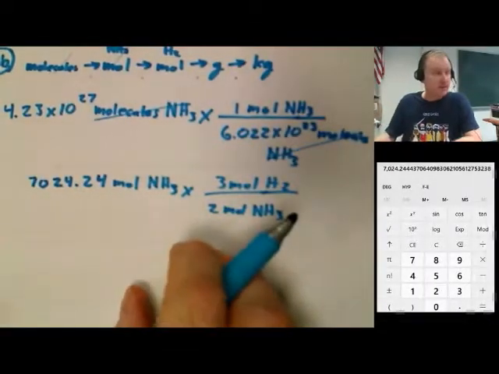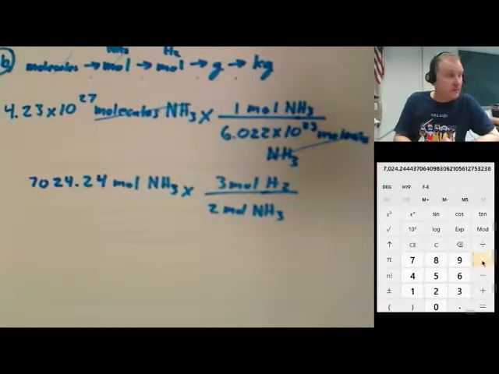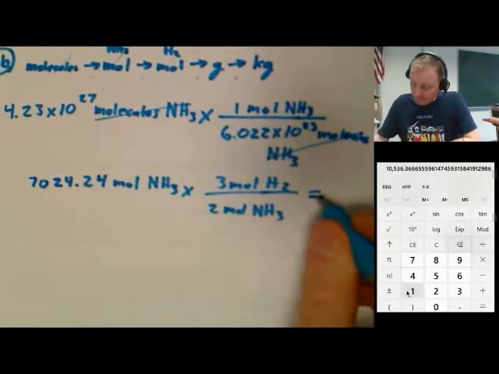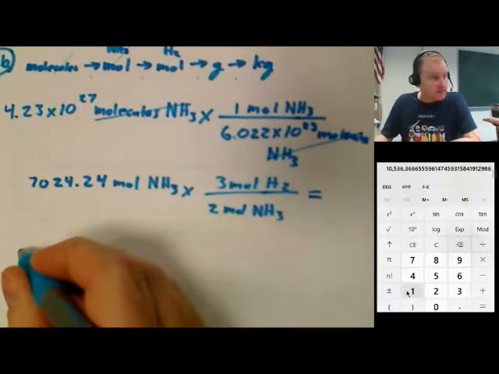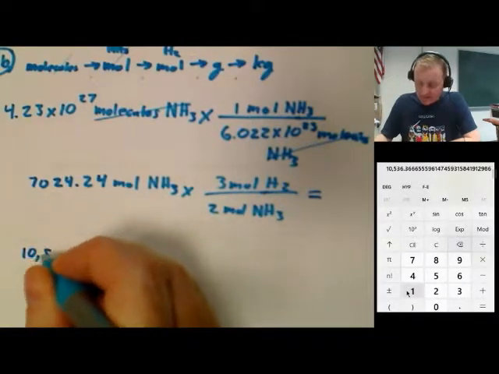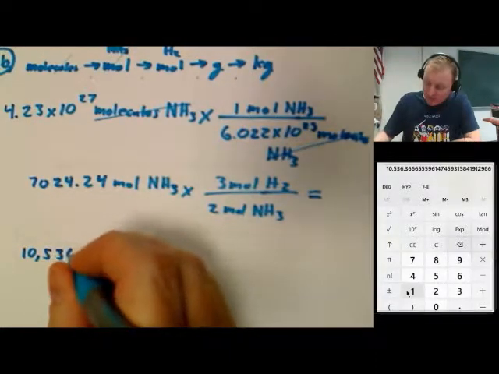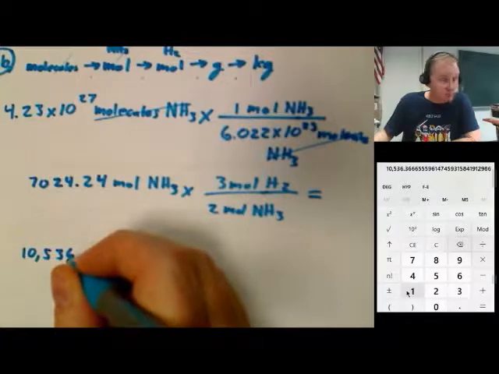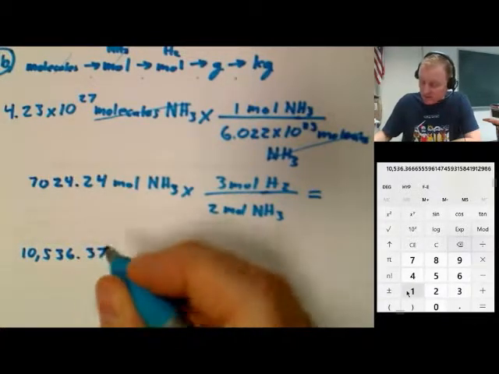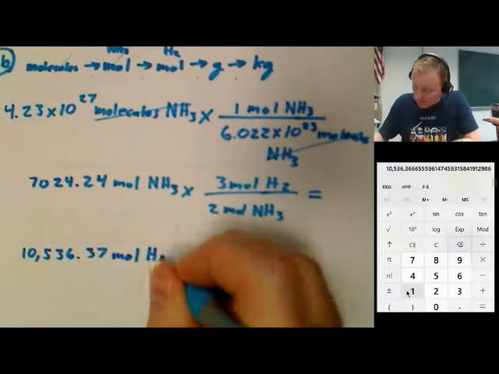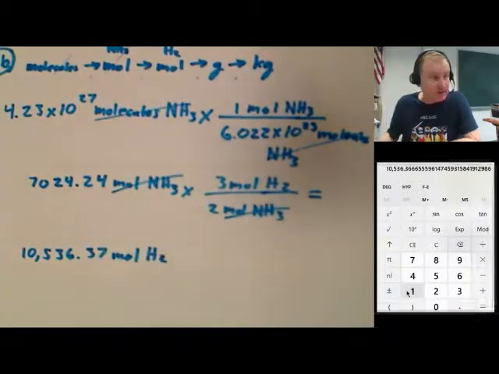So we're going to take that number that we have right now, multiply it by 3 and then divide it by 2. And now I've got 10,536.37 moles of hydrogen. Moles of ammonia canceled out over here. Now we're in moles of hydrogen.